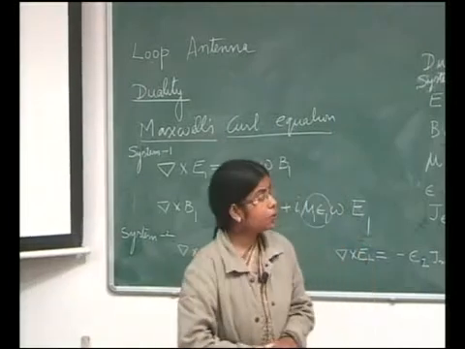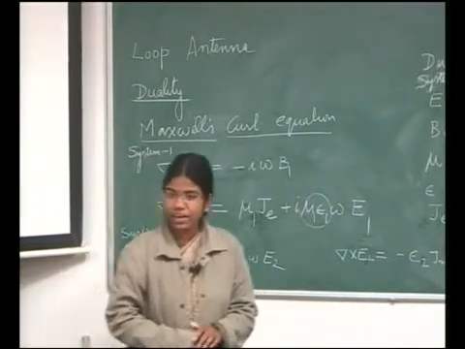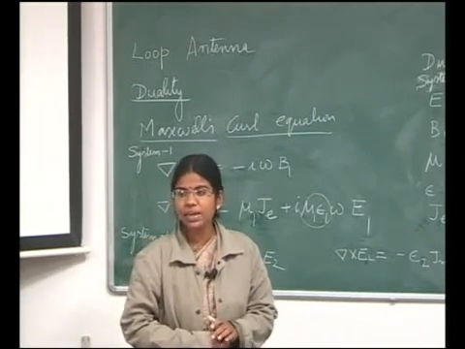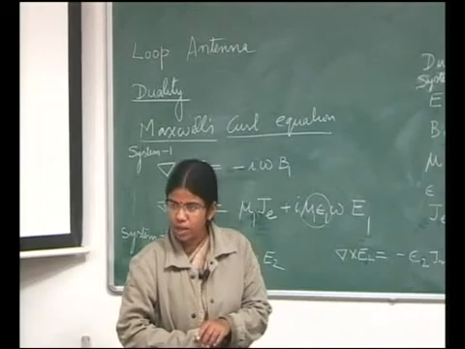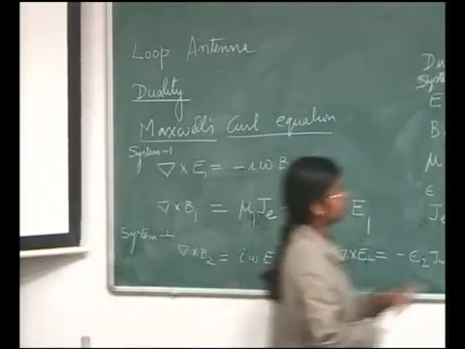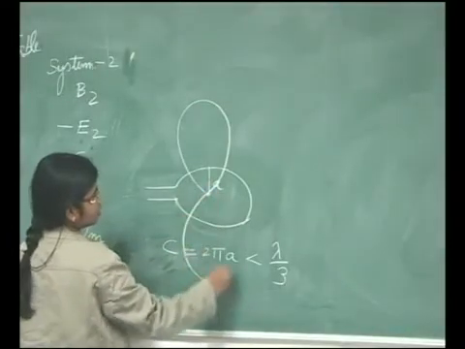Okay. Now, in a dipole we were interested in knowing the radiation pattern in the radial direction, because we knew that in a normal dipole there was no radiation along the phi direction, whereas in a loop antenna we will have a radiation pattern like this.